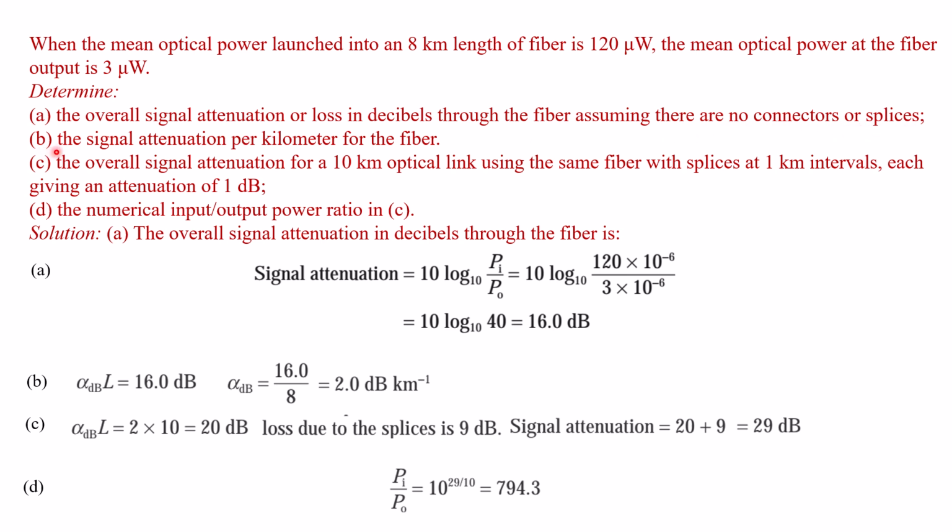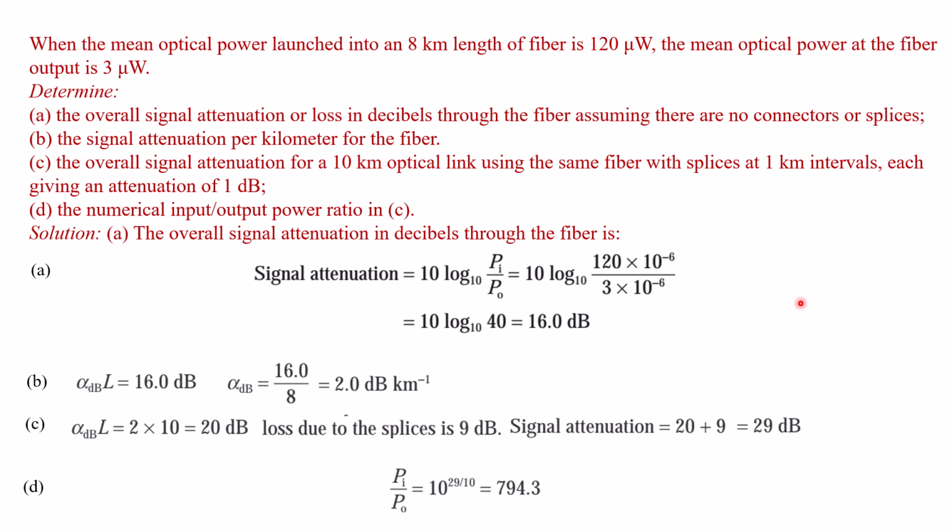Second, the signal attenuation per kilometer for the fiber. Third, the overall signal attenuation for a 10 kilometer optical link using the same fiber with splices at 1 kilometer intervals, each giving an attenuation of 1 dB. And last, the numerical input to output power ratio in the third question.